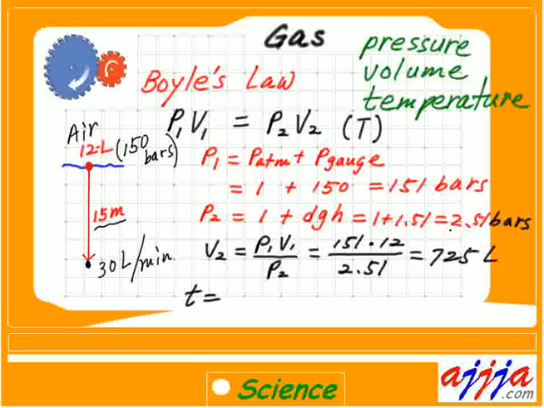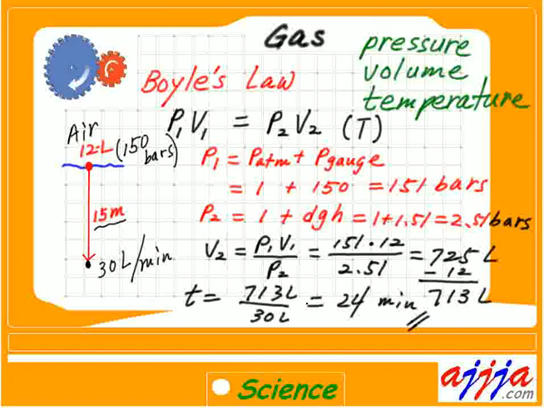So you subtract 12 liters, and you can use only 713 liters. Total 713 liters divided by 30 liters per minute is about 24 minutes. That means you can stay inside the water about 24 minutes.